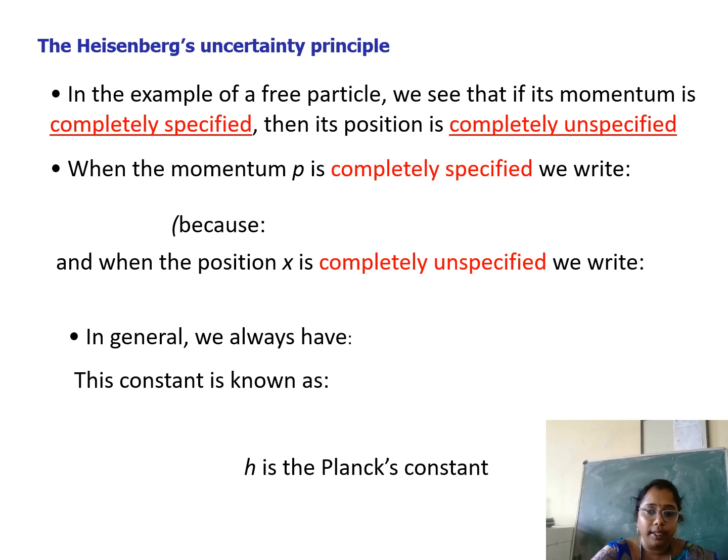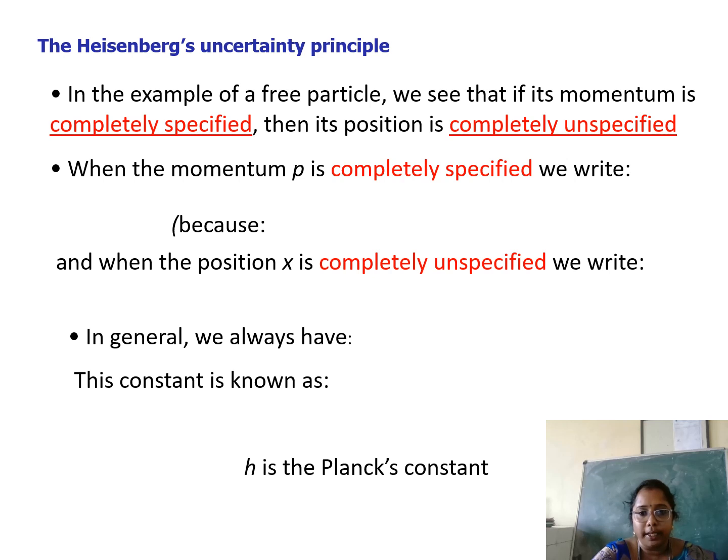Next, I would like to explain the Heisenberg uncertainty principle. For a particle, we consider momentum as well as position. If the momentum is completely specified, then its position is completely unspecified. If the position is completely specified, then momentum is completely unspecified.